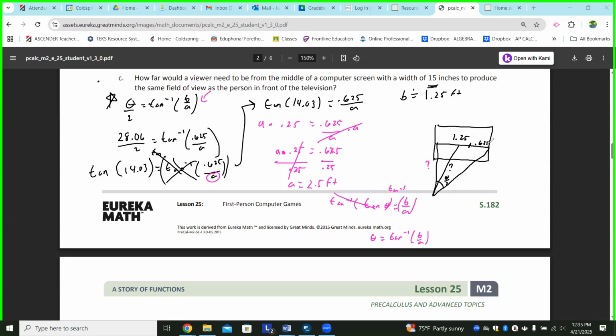So if we use the entire length, to find this guy right here, what is tan inverse of, let's go back earlier, what was the width earlier? 4. 4 divided by 2, which would be half.